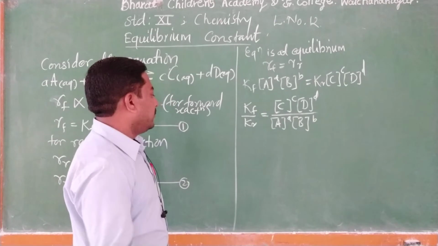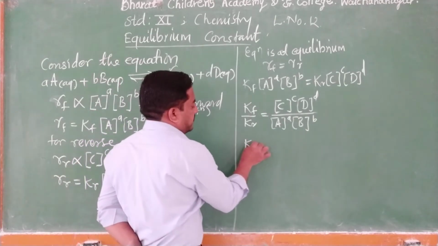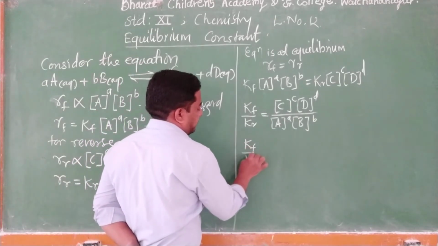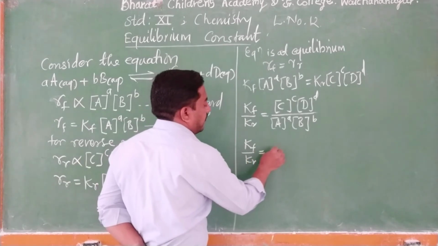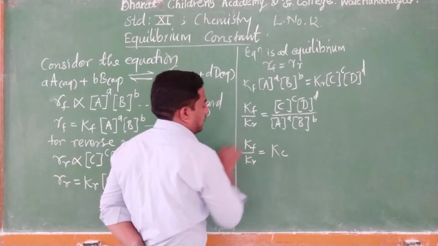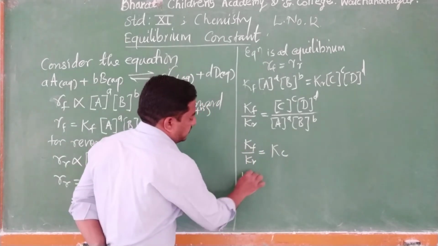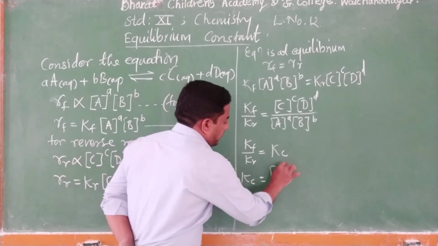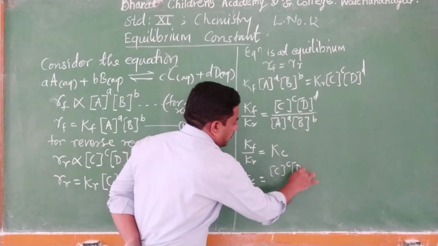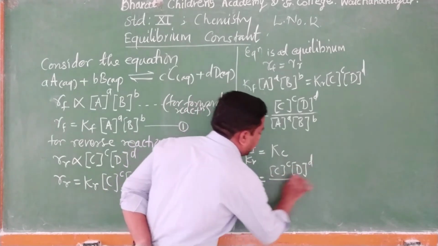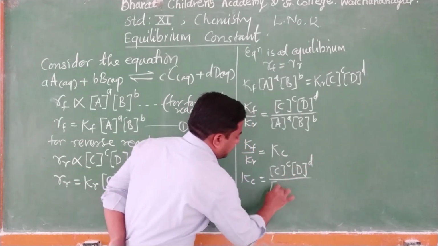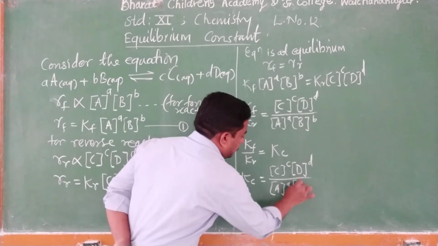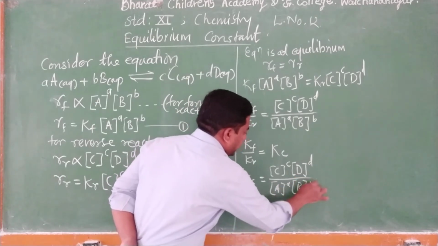As I told you yesterday, constant upon constant will be another constant. You can term it as Kc once again, the equilibrium constant. This Kc will be equal to [C] raised to c into [D] raised to d upon [A] raised to a into [B] raised to b.